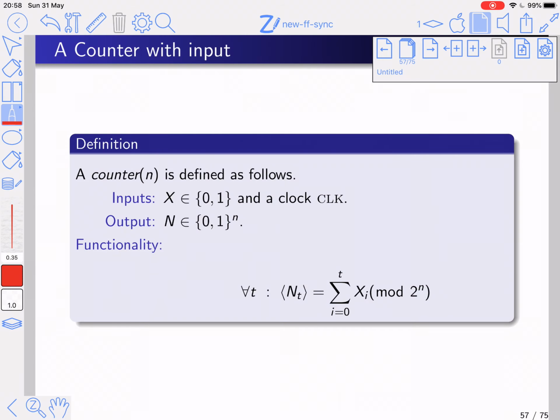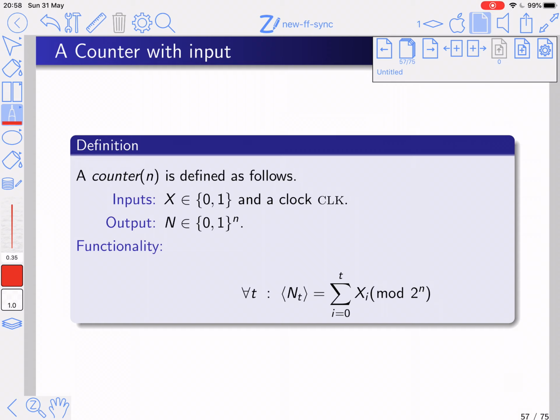We could also consider a counter with inputs. So here we have a counter with a single input, 1 bit, and the same type of output as before. But here the functionality that we're interested in is in counting the number of times in which x equals 1 throughout the history. So we're summing for all clock cycles, from clock cycle 0 to clock cycle t, whether x_i was 1 or not.